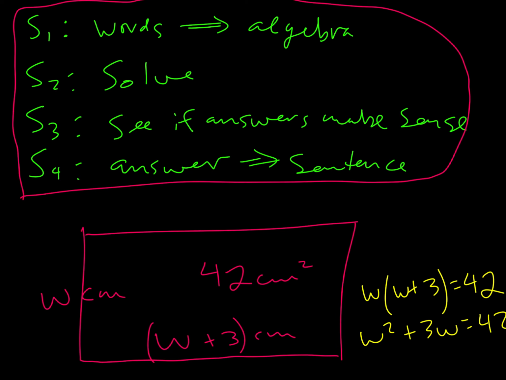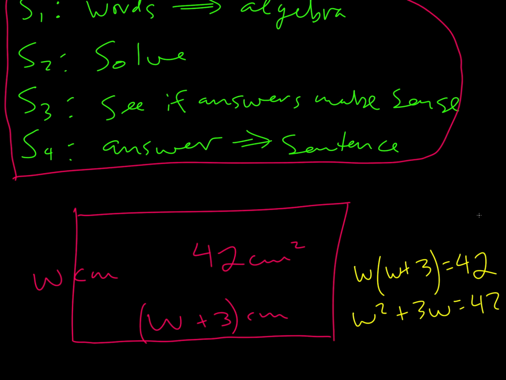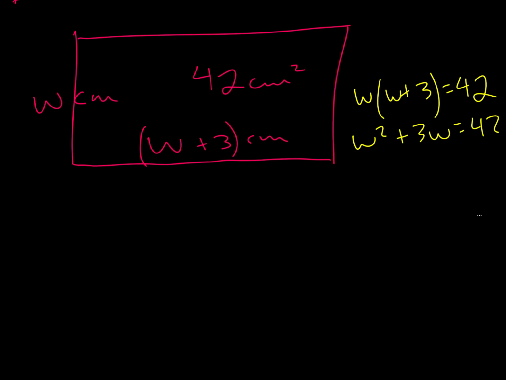Now that's quadratic. So our quadratic methods generally require us to get everything on the same side. So we end up with this, and we can always fall back on the quadratic formula.